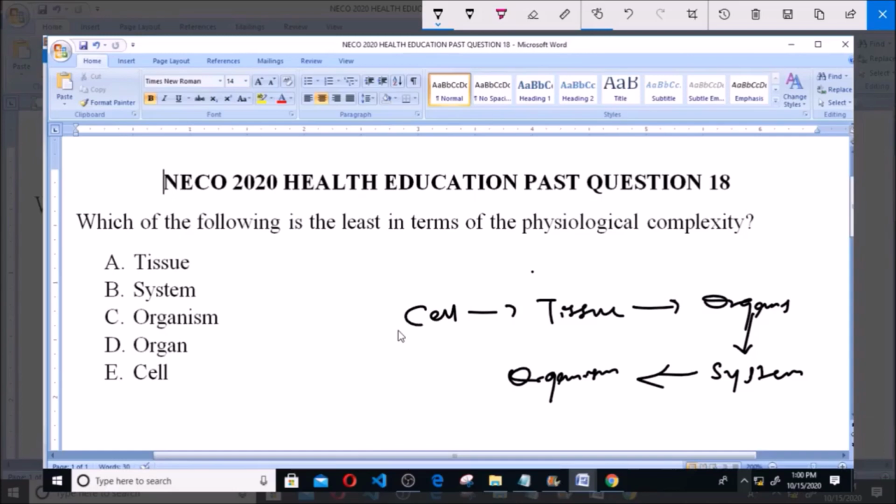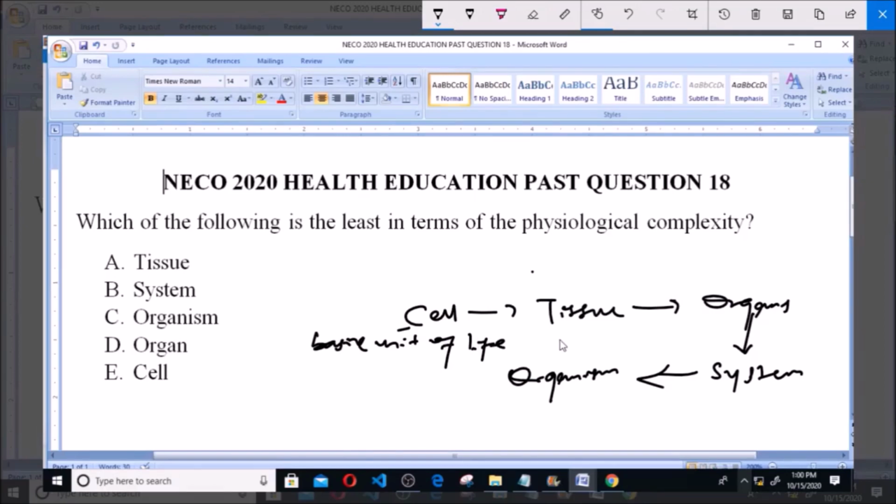Now, cell is defined as the basic units of life, because every organism originates from what? From cell. Every tissue originates from cell, every organ originates from cell, and every system originates from cell. So it is defined as the fundamental, functional and structural unit of life.